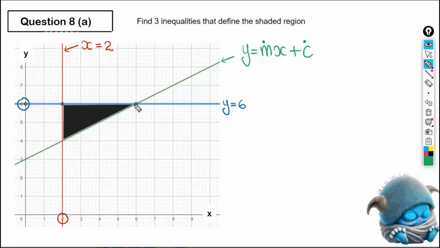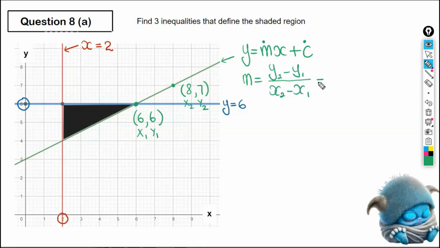Look, this point here is on the green line, so we could probably just choose it. It looks like (6, 6). And here's another point on the green line that's easy to identify. It is (8, 7). So call this one x1, y1, and this one x2, y2. To find the gradient, you'll probably remember this very popular formula: y2 minus y1 divided by x2 minus x1.